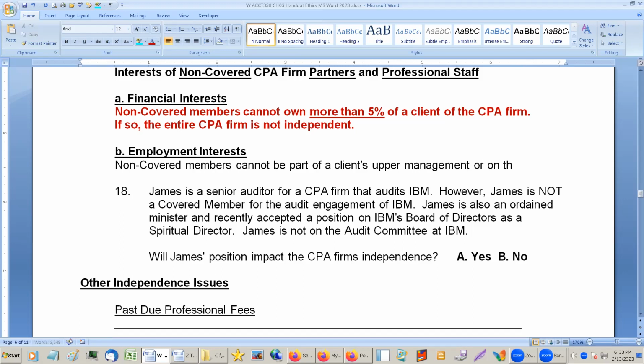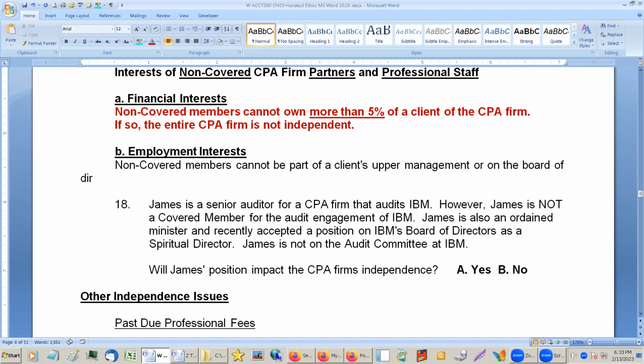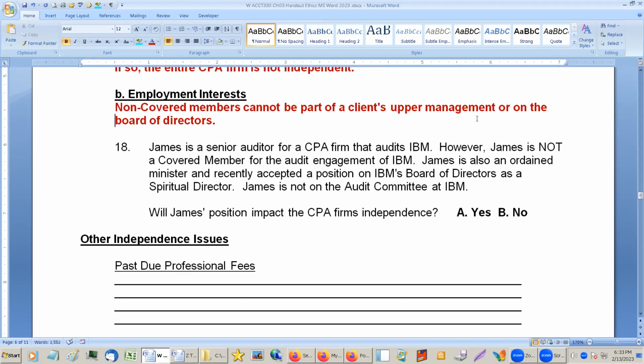Or on the board of directors? There's an exception to that I'll talk about. So they can't be upper management and they can't be a director.